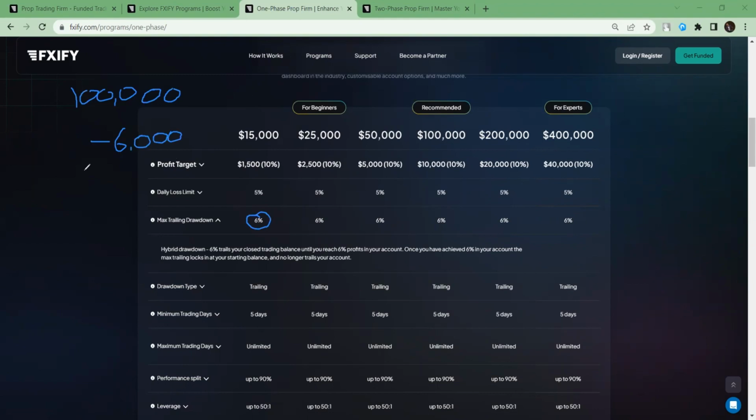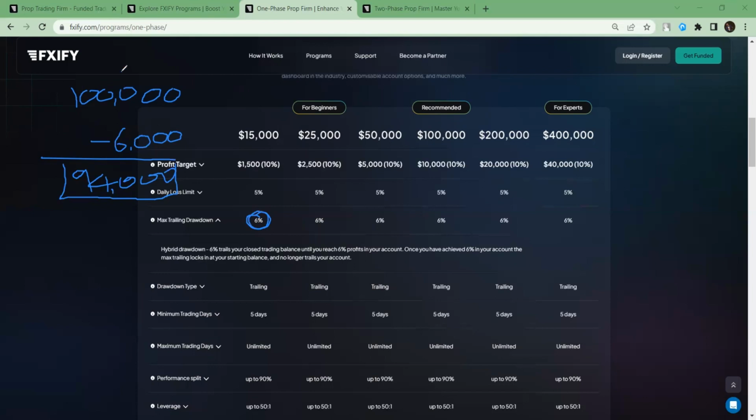When you subtract this, you have 94,000. If your account goes below this, it means you have breached the account, you have failed the challenge. So your drawdown is only 6% on your account.